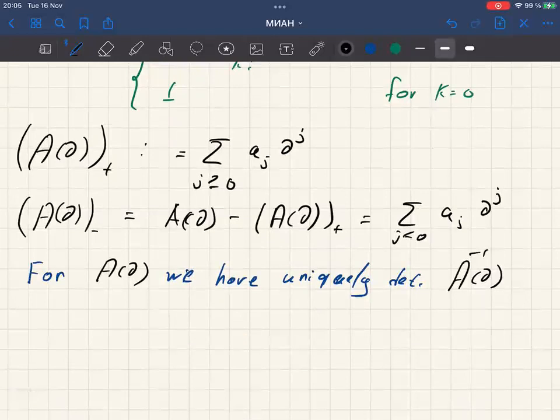To determine it we should solve a triangular system of equations.